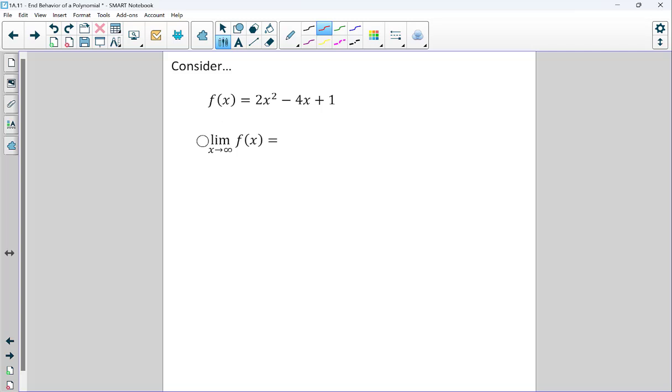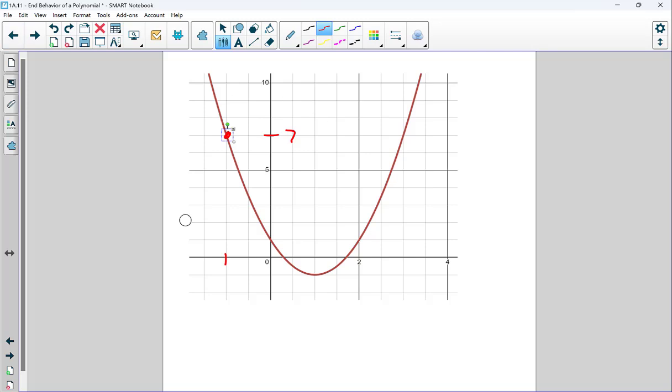But with limits, we're not evaluating at infinity. We're asking the question, where is this function going as x approaches infinity? So if I look at that graph again, as x approaches infinity, this direction is x approaching infinity.